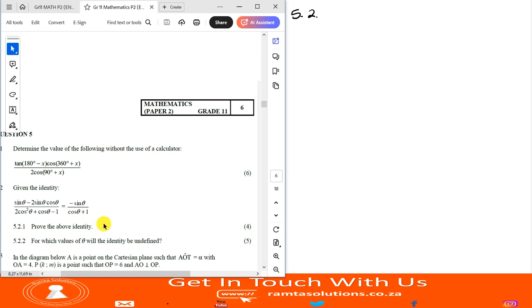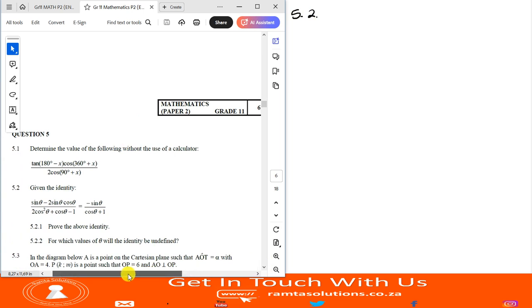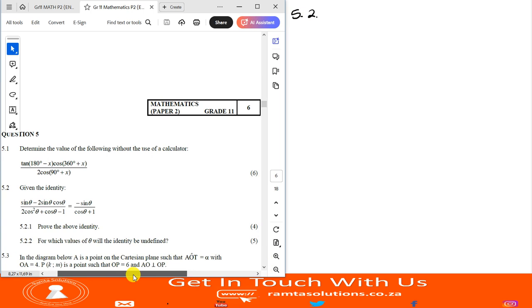Question 5.2 says, prove this identity. When we prove identity 5.2.1, I prefer the side that is easier to simplify, which is the left-hand side, because on the right-hand side there's really nothing we can do.